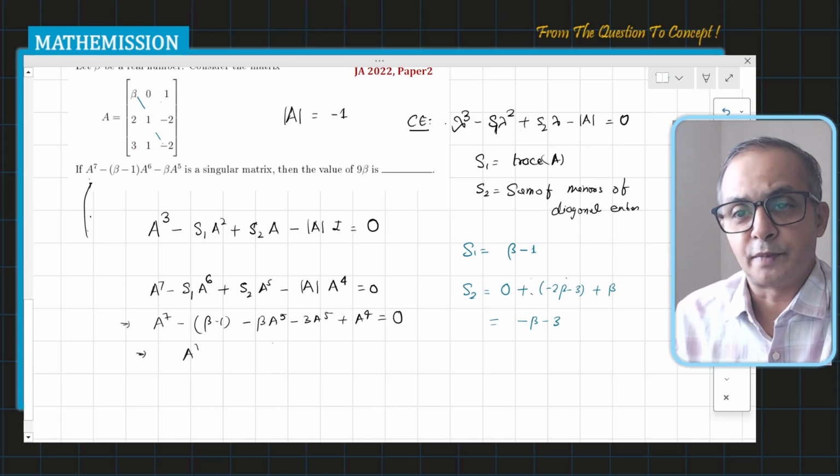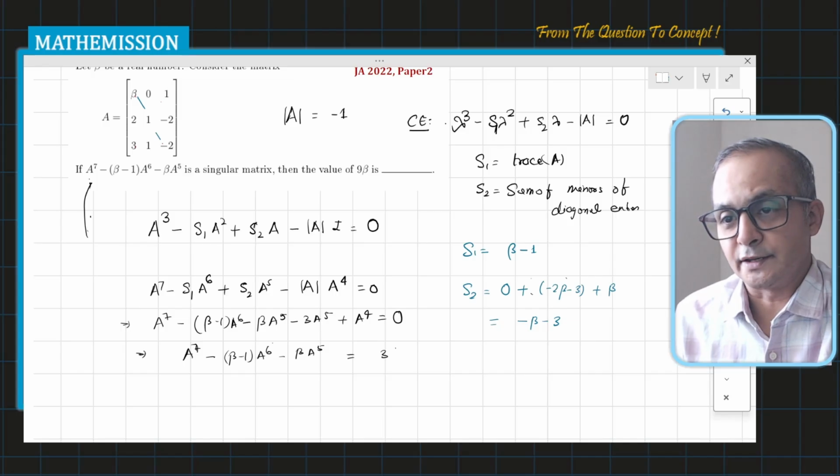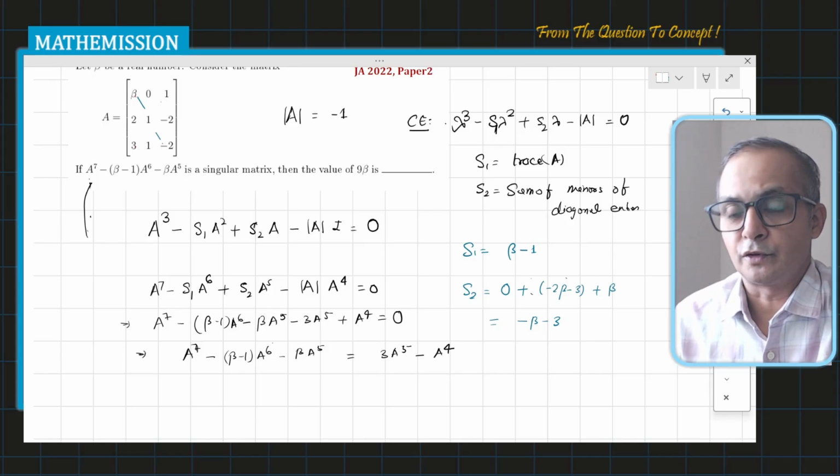Now this is a to the power 7 minus beta minus 1 a to the power 6 minus beta a to the power 5, and I bring the other two terms to the right hand side: 3 a to the power 5 minus a to the power 4.